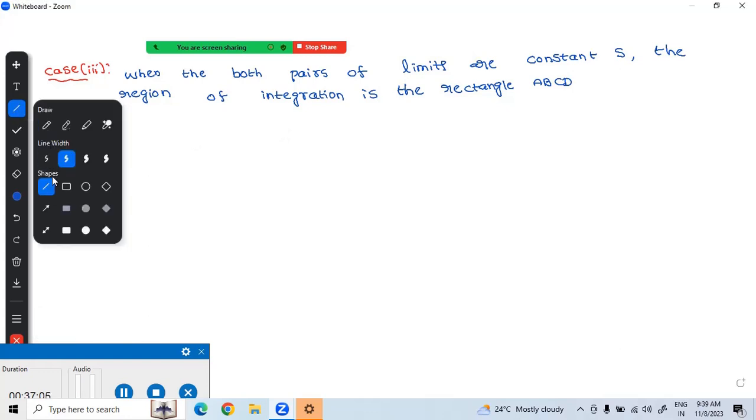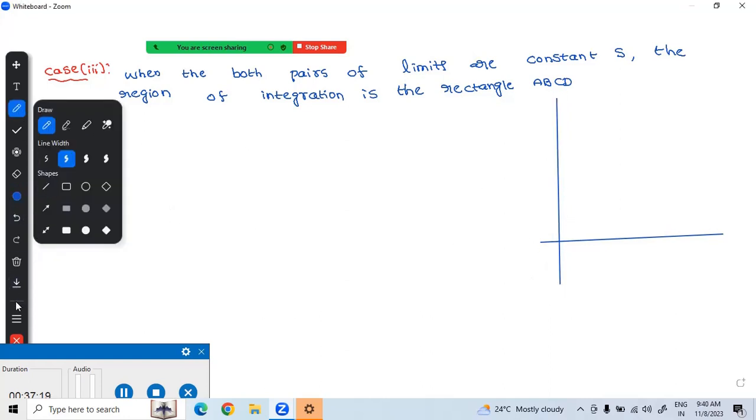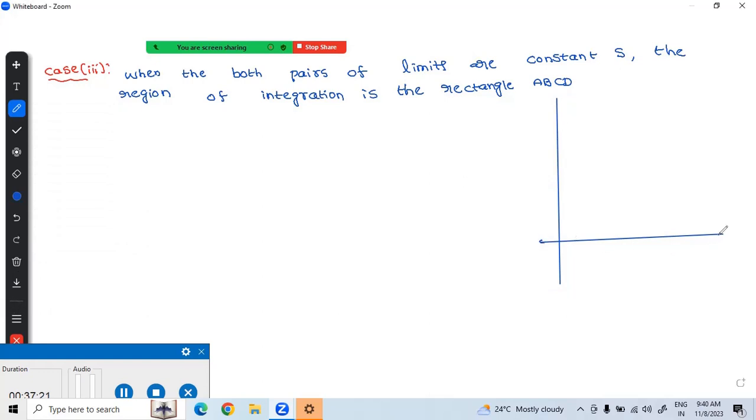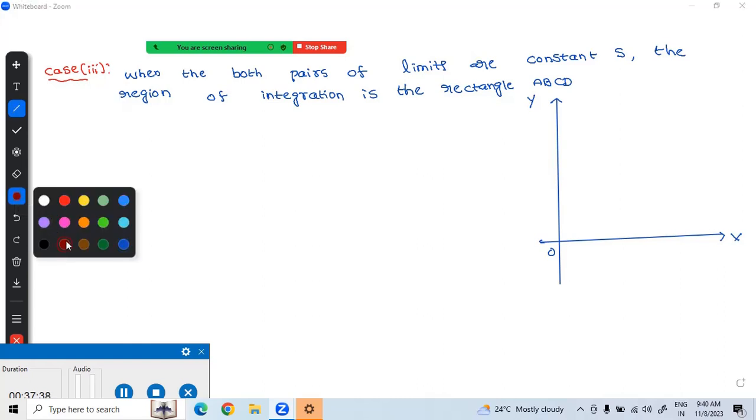So draw the diagram. X, Y curve. First x equal to A straight line and x equal to B straight line.